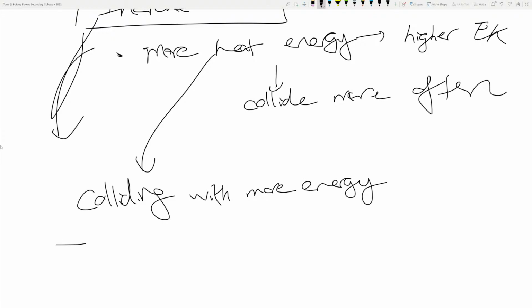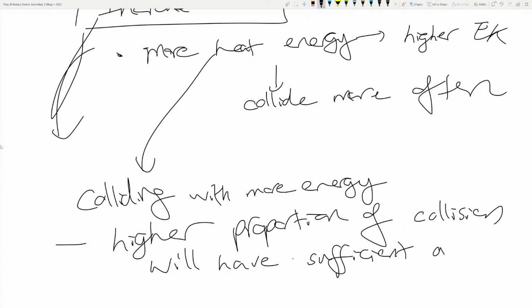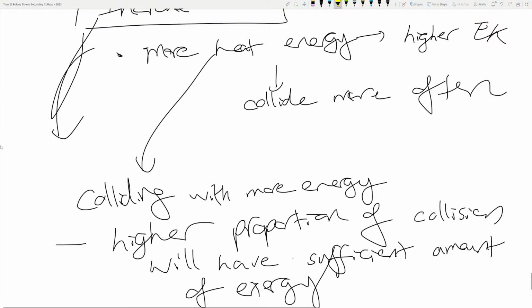That means a higher proportion of these collisions will have a sufficient amount of energy that would make this reaction work. Okay, so this is twofold, and you must do both if you want the excellence. You need to understand they collide more often, and then a higher proportion collide with more energy. Therefore, there's a higher frequency of collision or higher number of collisions per unit time, therefore a higher rate of reaction. Okay.